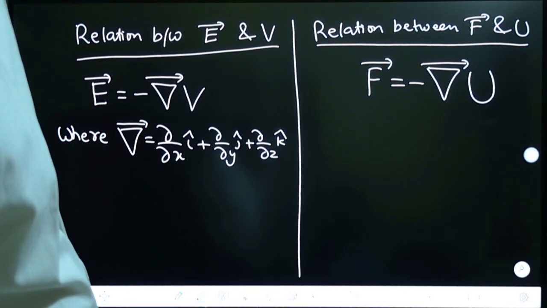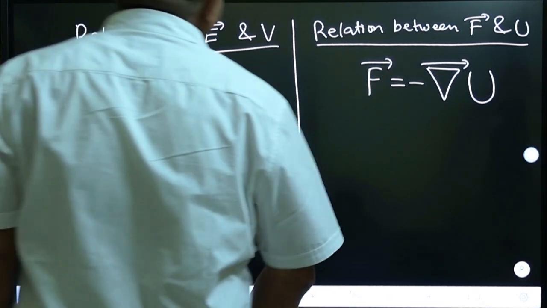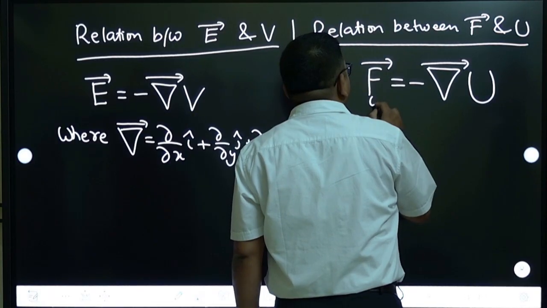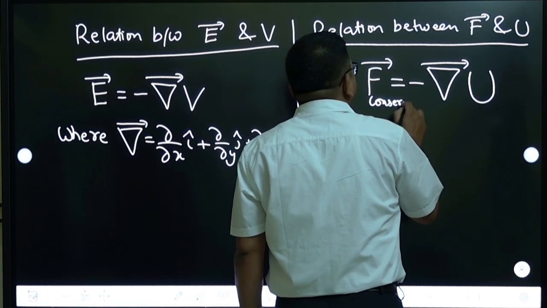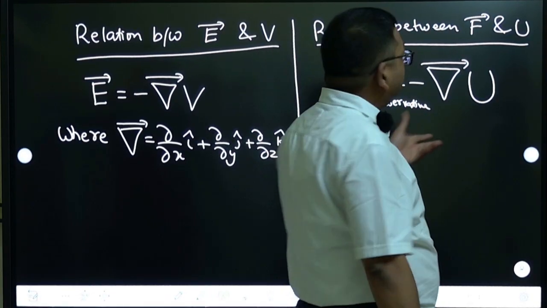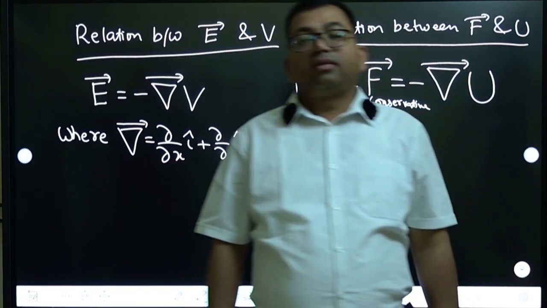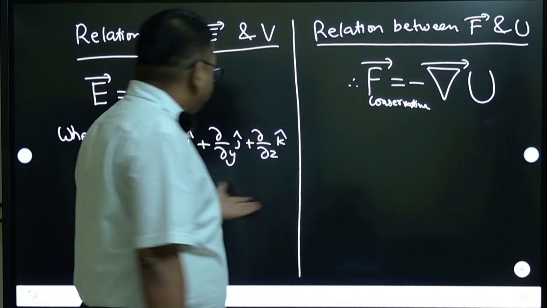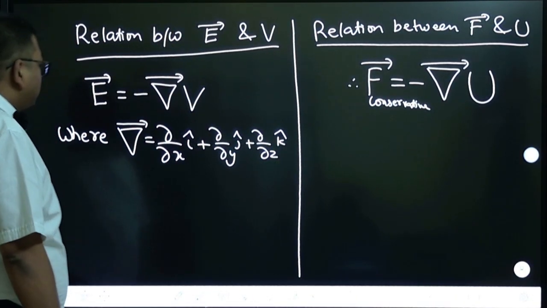Yes, Kavin, right. In the work energy chapter you have studied this, because this force is a conservative force. So for any conservative force, we write like this. And you have also seen what partial differentiation is.